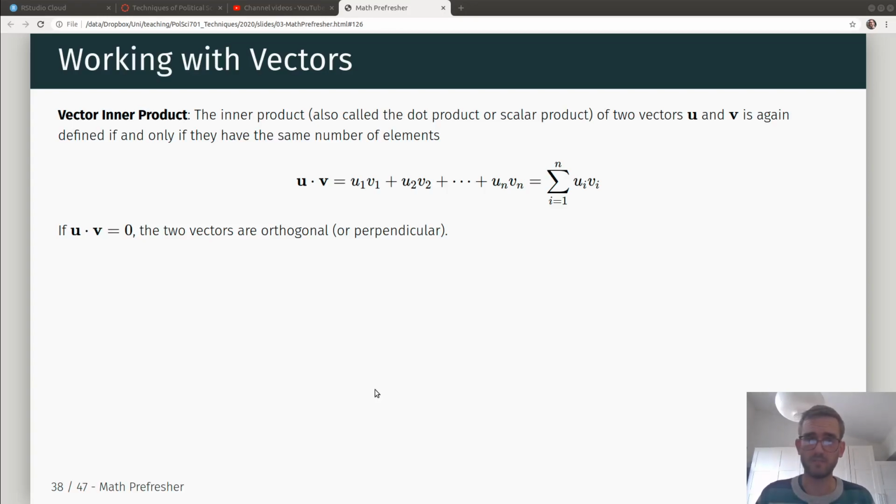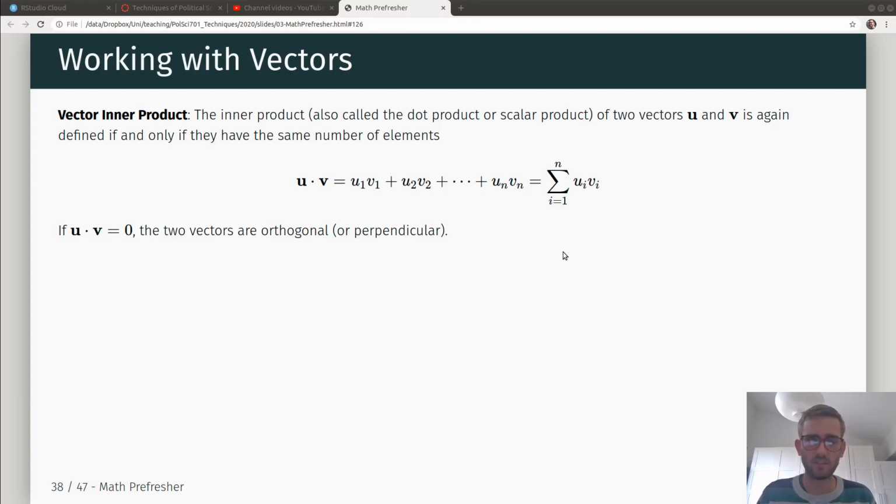And if they do, and we compute the vector inner product, what this means is that at each position we multiply the element of vector 1 times the element of vector 2. So here u1 times v1, and then we add all those products together. So u1 times v1 plus u2 times v2, and so on up to un times vn.